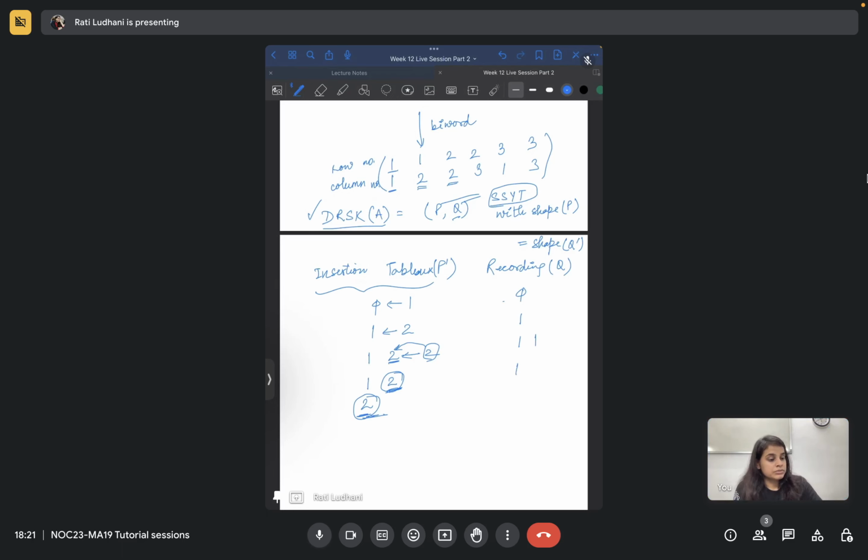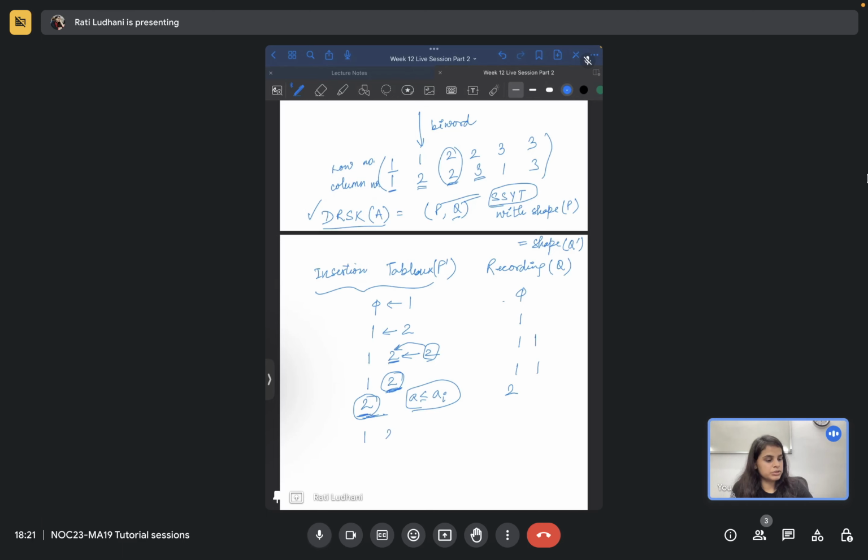Here we see a less than or equal to a_i. In RSK we use just the greater number only, but here we use equal and greater. And the recording tableau will be 1 1 2, 2. Now we are inserting 3.